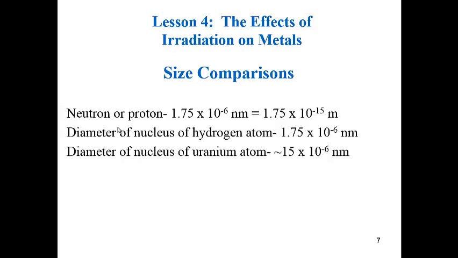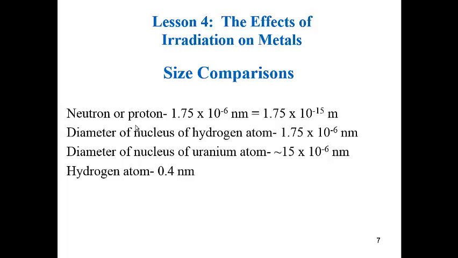So the nucleus of a uranium atom is obviously much larger than that of the hydrogen atom, but it is still very, very small. The hydrogen atom has a diameter of 0.4 nanometers. That's a lot different than 1.75 times 10 to the minus 6 nanometers for the nucleus of the hydrogen atom.